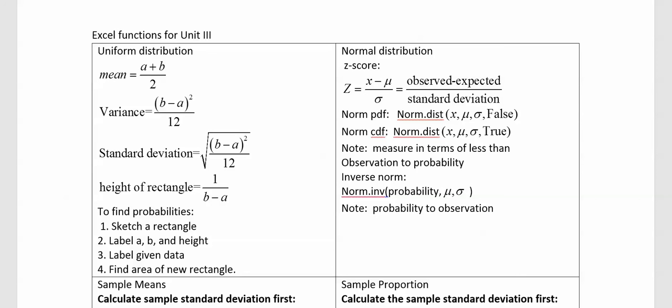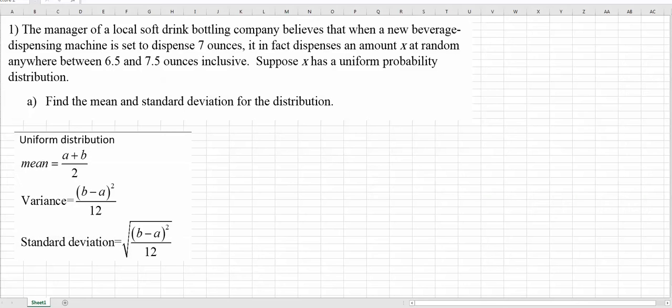Okay, so I'm going to go over to the formula chart. Now for uniform distributions, it's really just a set of formulas, and I'll show you how we might go about interpreting these for Excel. As far as mean goes, I want to add up the first and last number and divide that by 2.